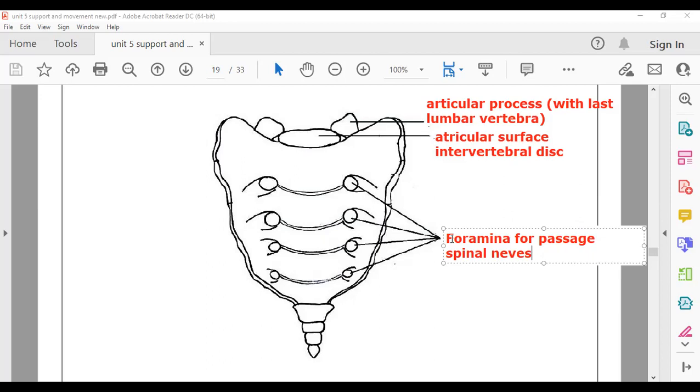Yes, spinal nerves, or we can call it sacral nerves. And the arteries. Okay, you can mark it down.